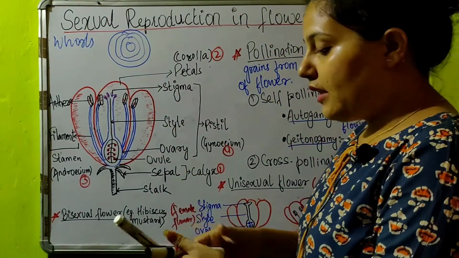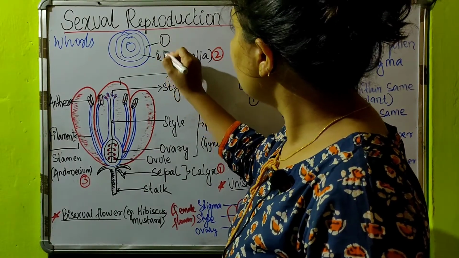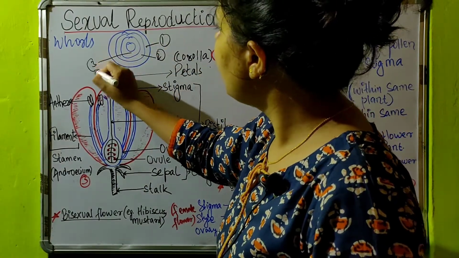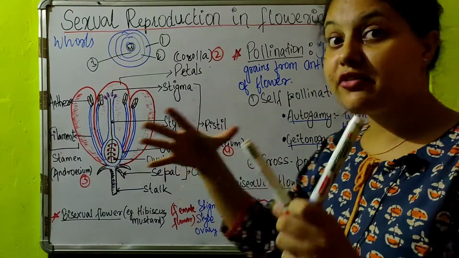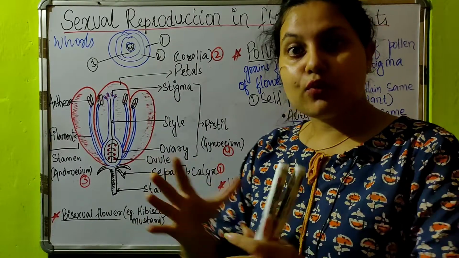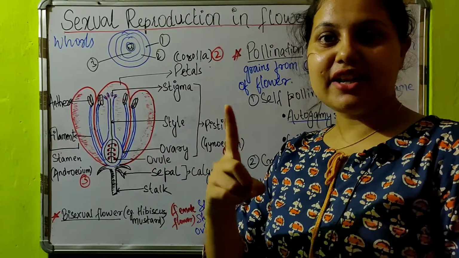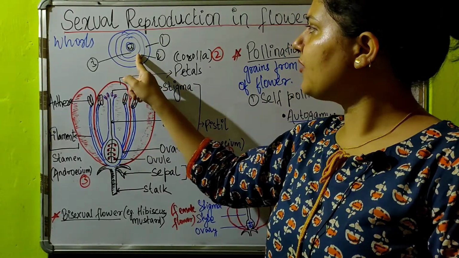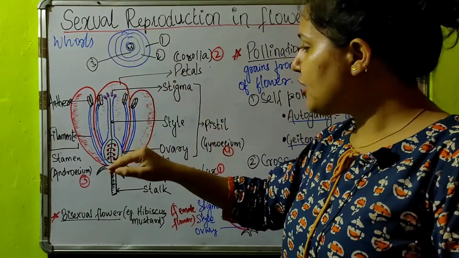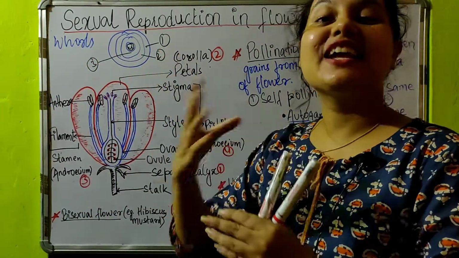This is the first whorl, this is the second, this is the third, and this is the fourth one. Now you layer the flower like this circle. What is the outermost part in the flower? Sepal. This comes under the first whorl. And the second part of the flower is the corolla or the petals. This comes into the second whorl.